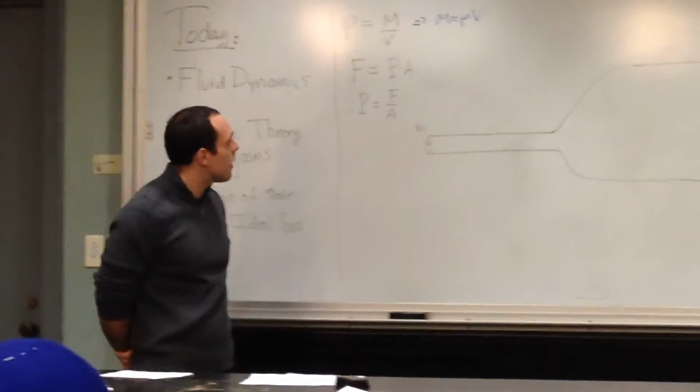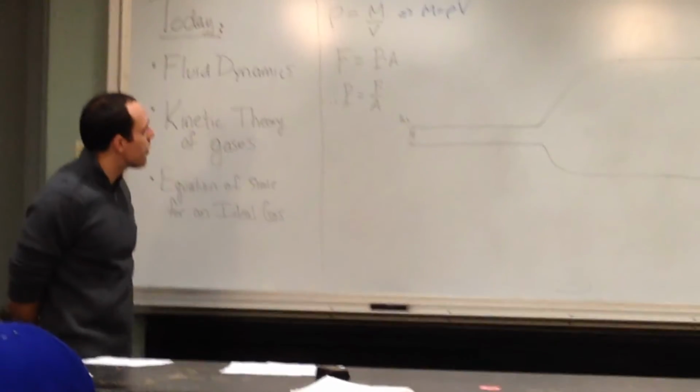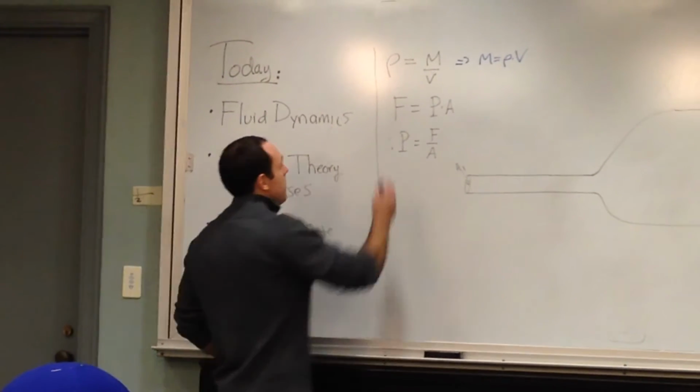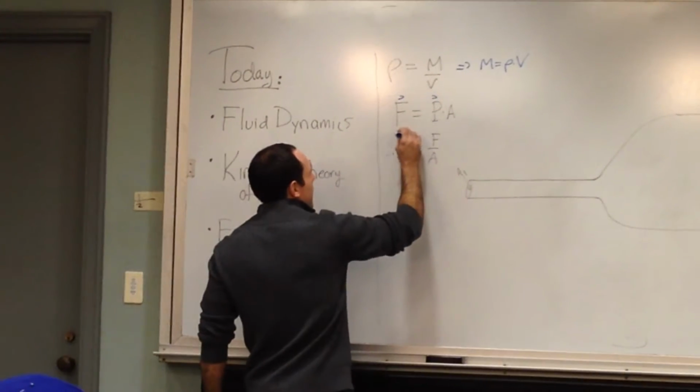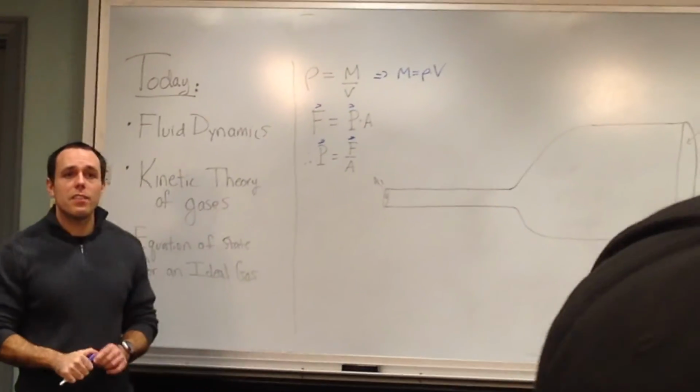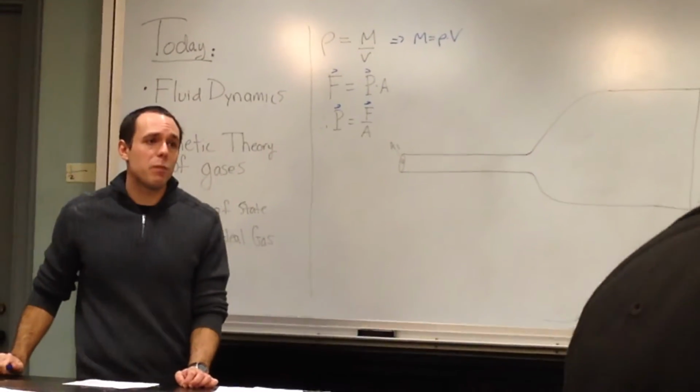Also, we use the idea that one of the definitions is that force is equal to pressure times area, and thus pressure, which is a vector, points in the same direction as force, and thus it's basically force divided by area.